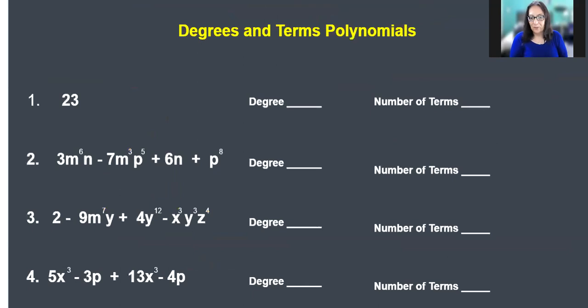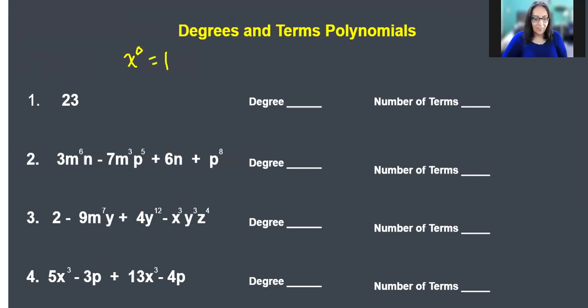Look at that first problem. It doesn't even have any variables. So is it an expression? Is it a polynomial? Yes, it is. I want you to think back. I don't know if you've watched my other videos or not, but I discussed when you have an exponent that is 0. So if I gave you x to the 0, that's the same thing as 1, because anything to the 0 is 1.